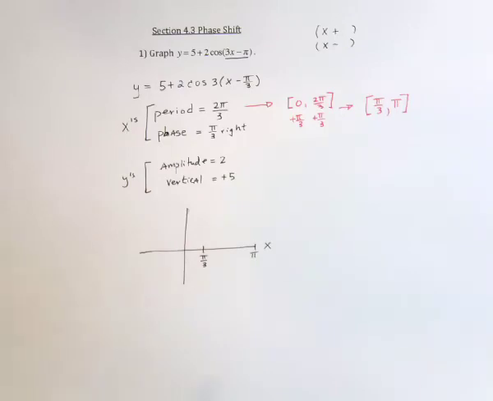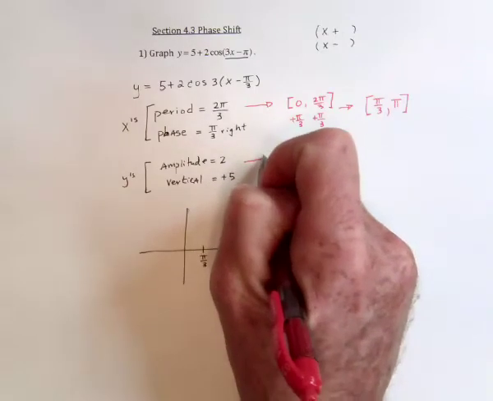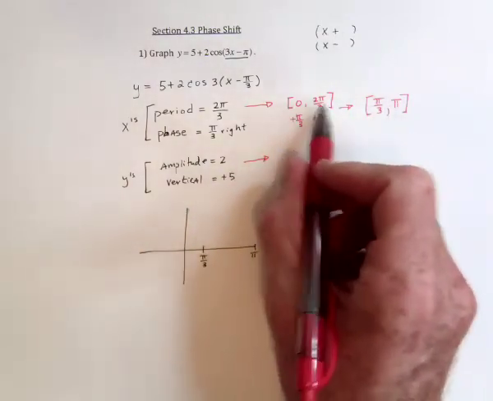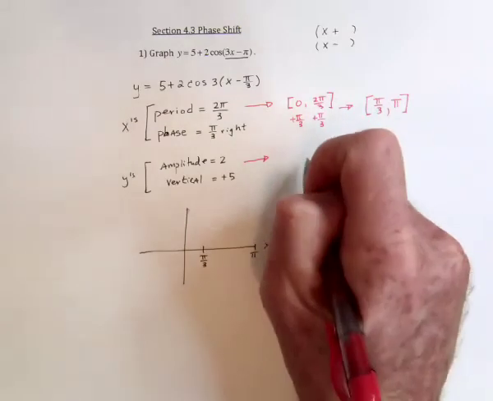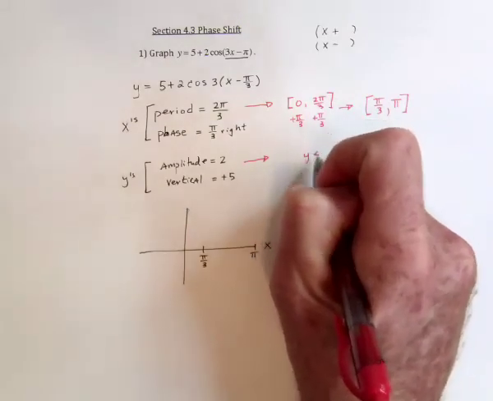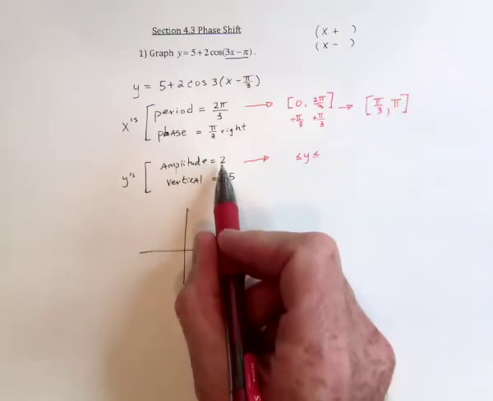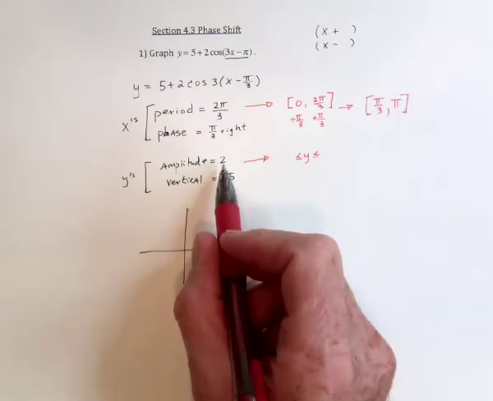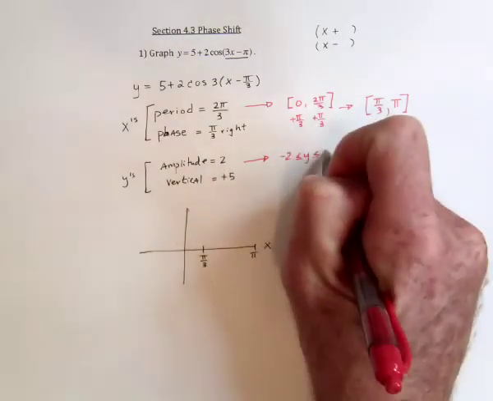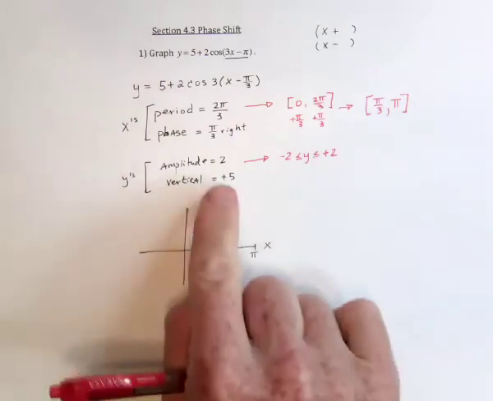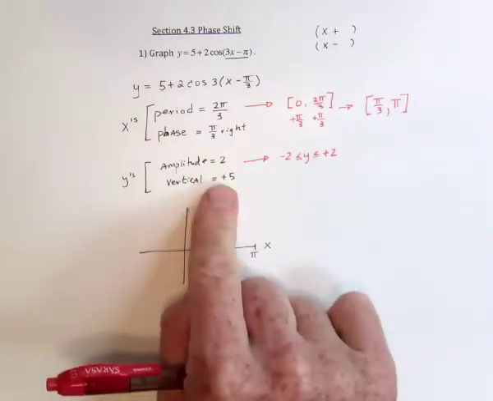And then for the y information, if you like this idea, you can use the brackets, or instead of using brackets, you could use inequalities. So the y, according to the amplitude, is going to range from -2 to +2. And then everything needs to be shifted up by 5.